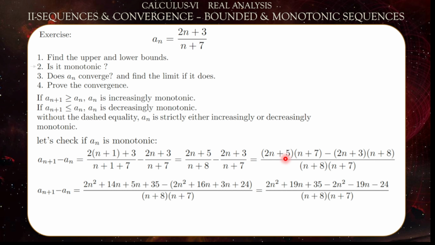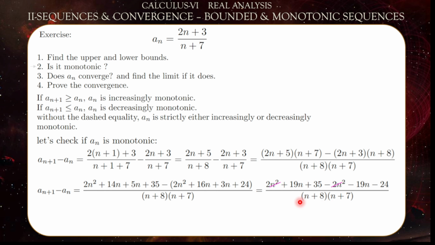Okay, 2n squared plus 14n plus 5n plus 35 minus 2n squared minus 16n minus 3n minus 24 equal to (2n squared plus 19n plus 35 minus 2n squared minus 19n minus 24) divided by ((n plus 8) times (n plus 7)).